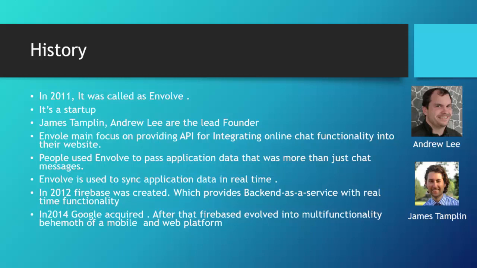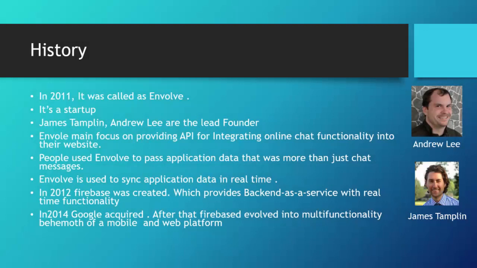Later, in 2012, because of the widespread use of Envolve, the key idea of Firebase was started, which provides a backend as a service with real-time functionalities, not only for web applications but also for mobiles.